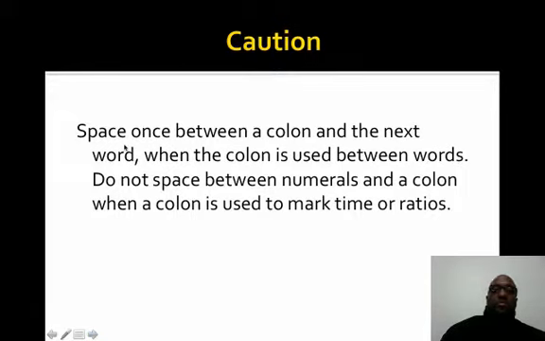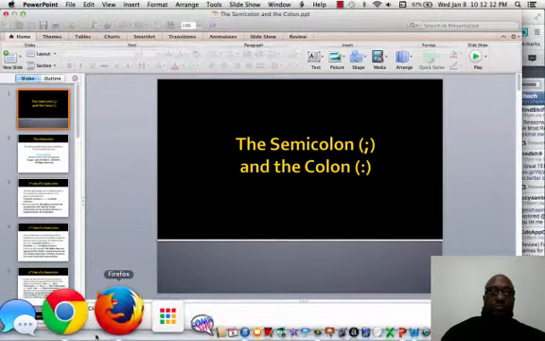Space once between a colon and the next word when the colon is used between words. Do not space between numerals and a colon when a colon is used to mark time or ratio. So essentially it's cautioning you to look at the space between the colon and the next set of words, and you want to make sure you follow those guidelines when using colons.